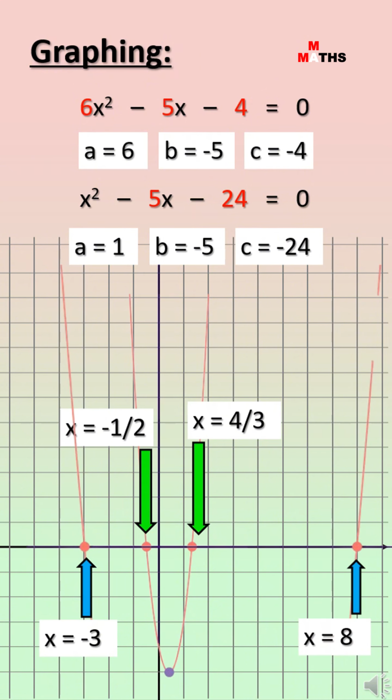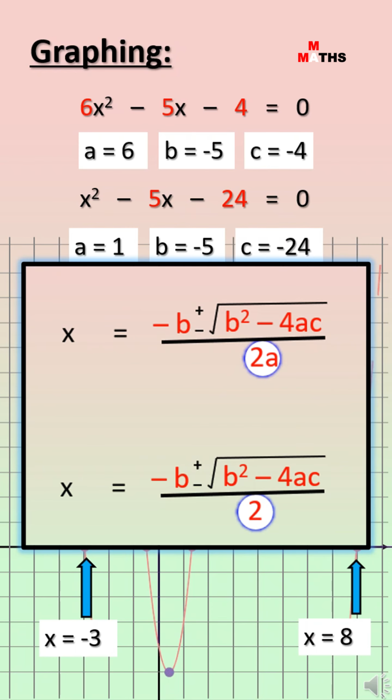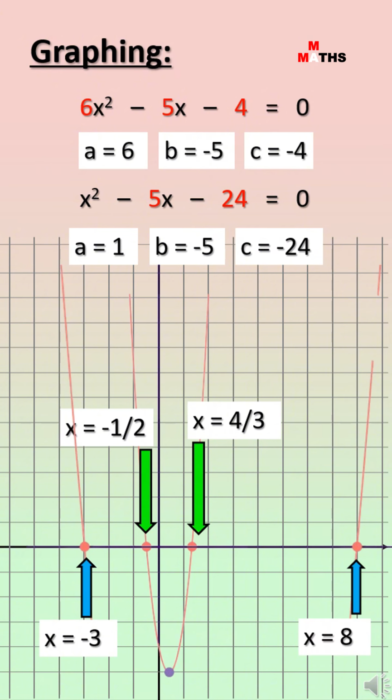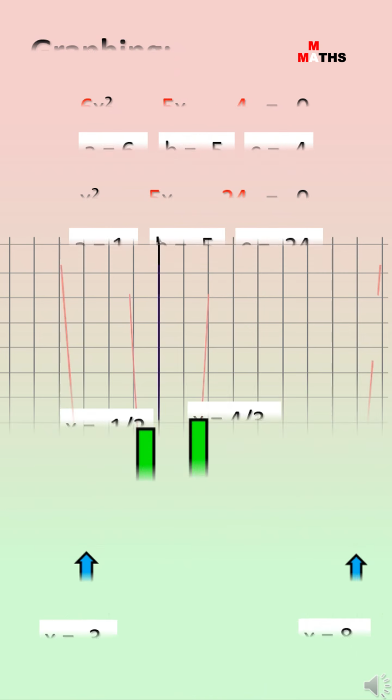Recalling from the previous slide that these two quadratic formulas differed only by the lower one not having a in the denominator. In this case, a is equal to 6. If we take the quadratic formula for the lower quadratic, all we need to do is divide the denominator by 6. That means we're dividing our roots of minus 3 and 8 by 6, which will give us minus 1/2 and 4 over 3.